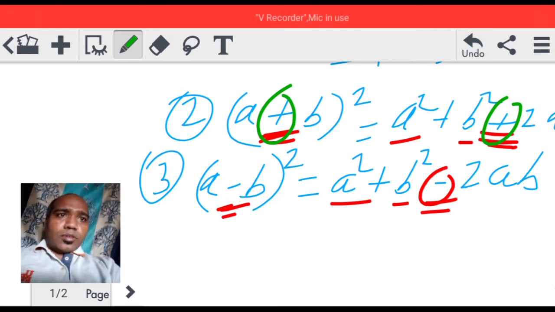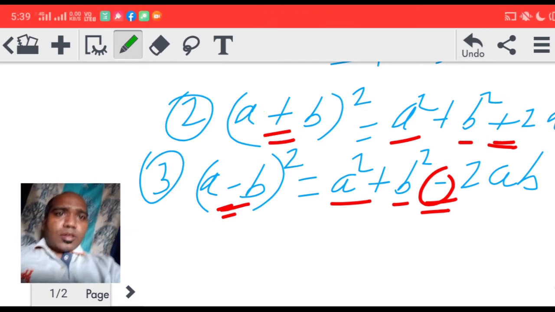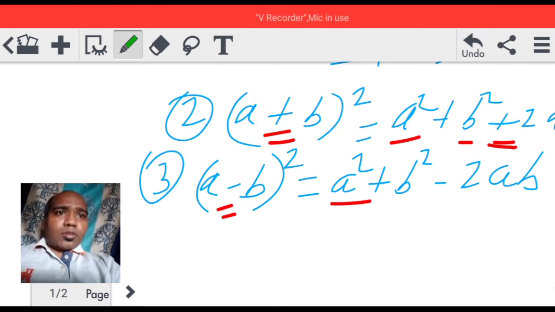Got it? So a plus b whole square and a minus b whole square, both the formulas are almost equal.